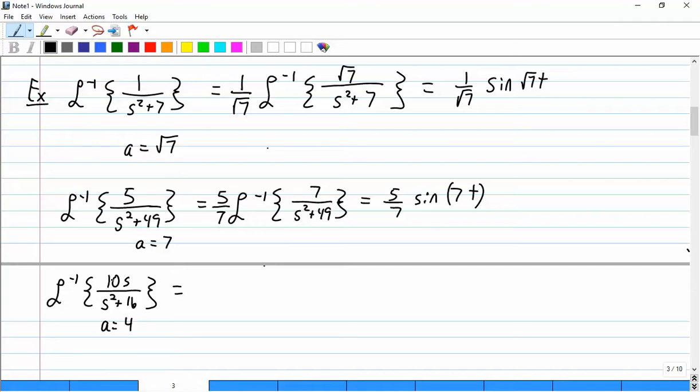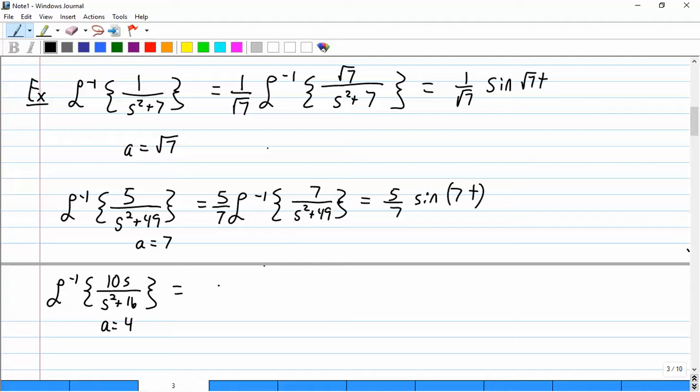So we want, okay, what do we want in the numerator? Just s. So all I need to do in the numerator to work this out is to bring the 10 out in front.